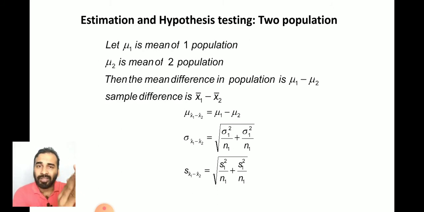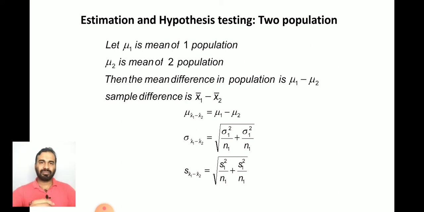The mean value of the first sample will be x bar 1 and the mean value of the second sample will be x bar 2. Then the difference is x bar 1 minus x bar 2. So mu1 minus mu2 is the mean difference of the populations, and x bar 1 minus x bar 2 is the mean difference of the samples.